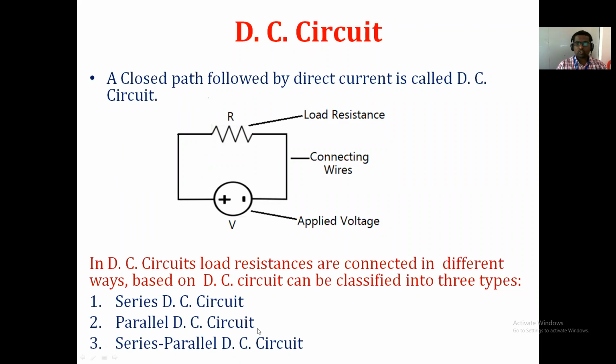If the load resistances are connected in parallel, definitely we can call it a parallel DC circuit. And if the resistances are connected in a combination of series and parallel, then we call it a series parallel DC circuit. Is it right?